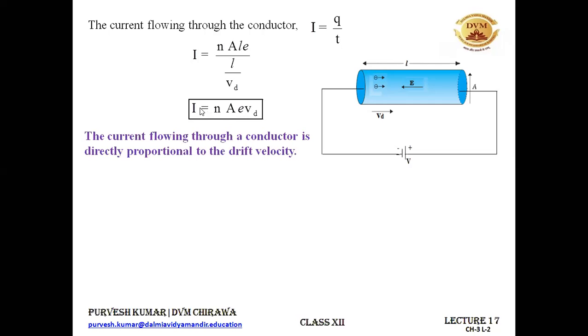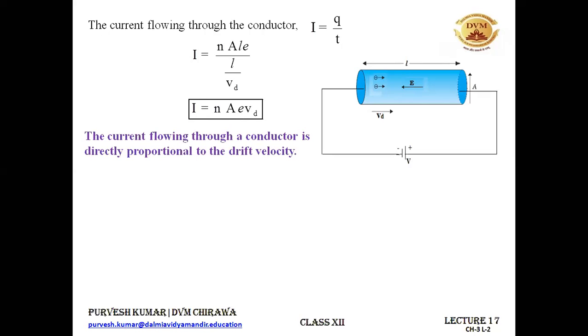We can see that the current I is directly proportional to the drift velocity of the charged particles. All right. If some other charges were flowing, not the electrons, then we have to take the charge of those particles which are flowing through the conductor. In place of e, you will be replacing it by q, the charge of those particles.